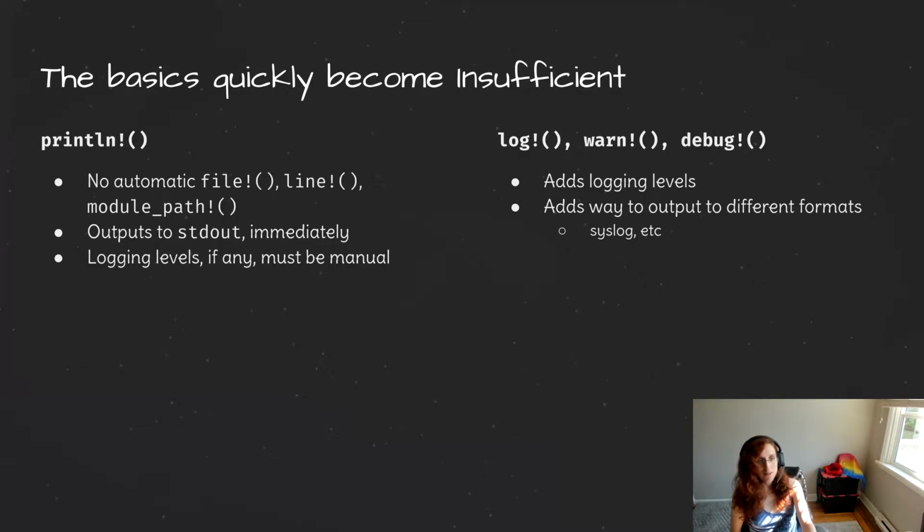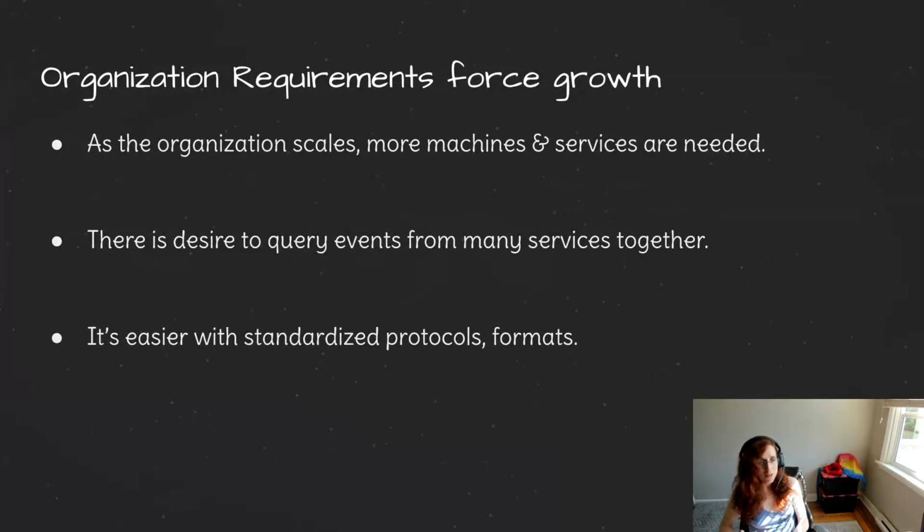But even at a certain point, that can become insufficient as your organization grows, because your organization is going to scale. They're going to get more services, more machines. They're going to have the desire not only to just query a service, but query services together. They're going to want standardized protocols and formats. They might have any sort of requirement as your organization grows, and it will continue to change and grow.